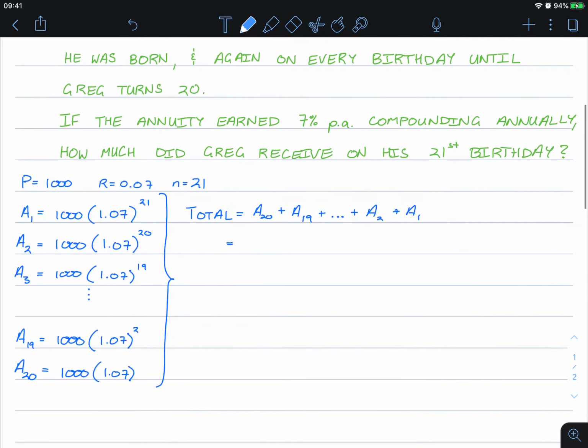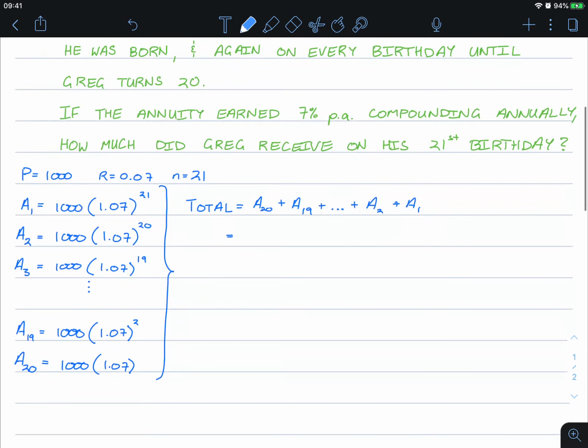To make this a lot easier, I'm going to express 1,000 as just P. So P outside of 1.07 to the power of 21. We're starting from this one here.